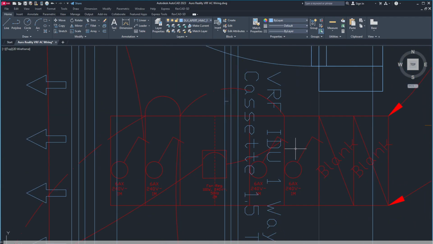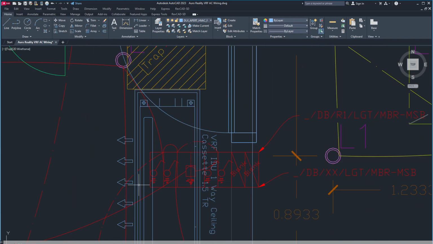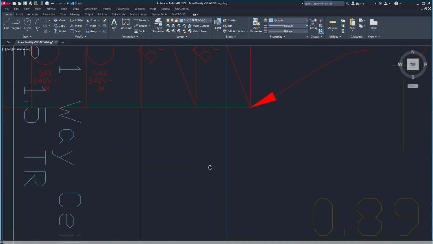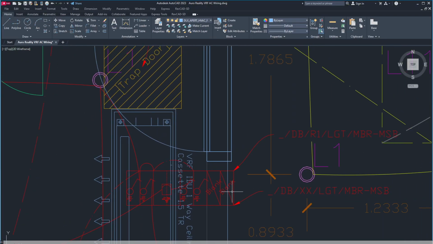That is the reason I have given one spare switch, then 2 blanks. By virtue of this board, it has to be 8 modular, 6 modular, 10 modular, or 12 modular. So that is the reason I had to give 2 blanks here. Generally I give one spare switch and one blank. That is a standard engineering practice.